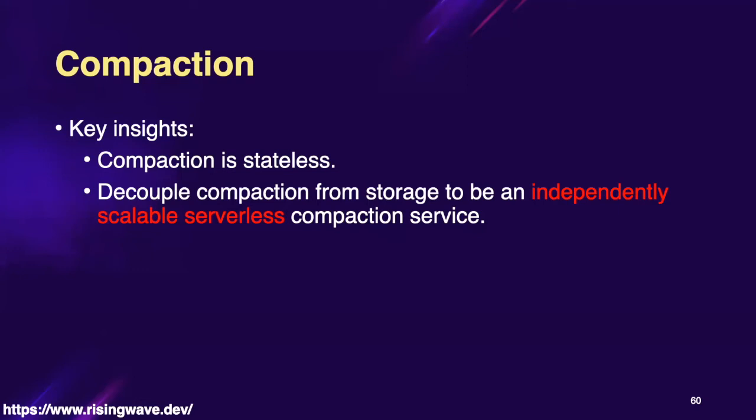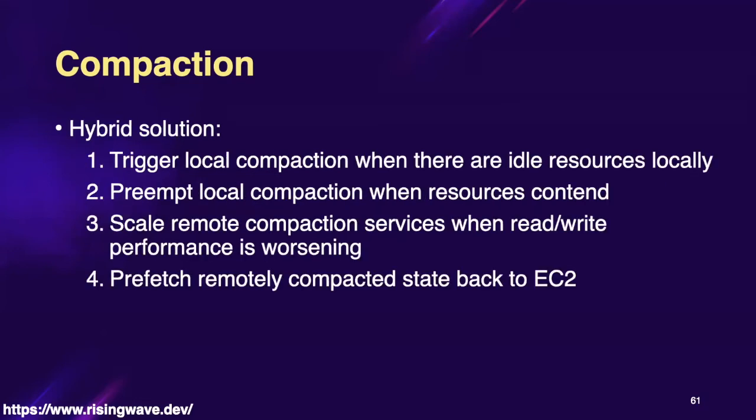So basically, compared to the local compaction on the previous slides, here we do remote compaction. So therefore, we have a hybrid solution, right? First of all, we trigger local compaction when there are idle resources in the local computation instance.